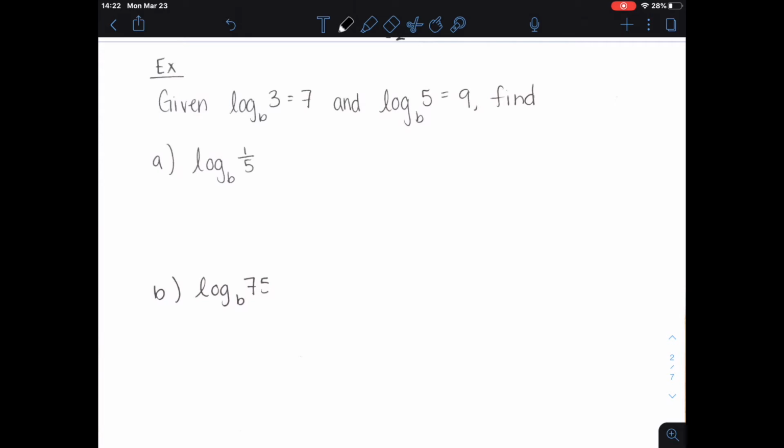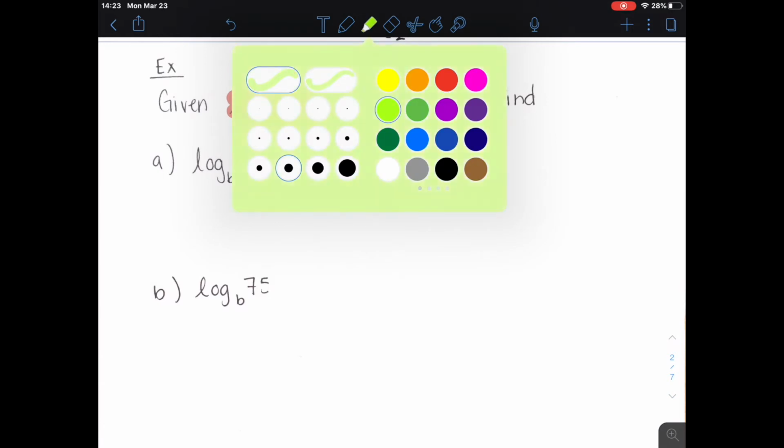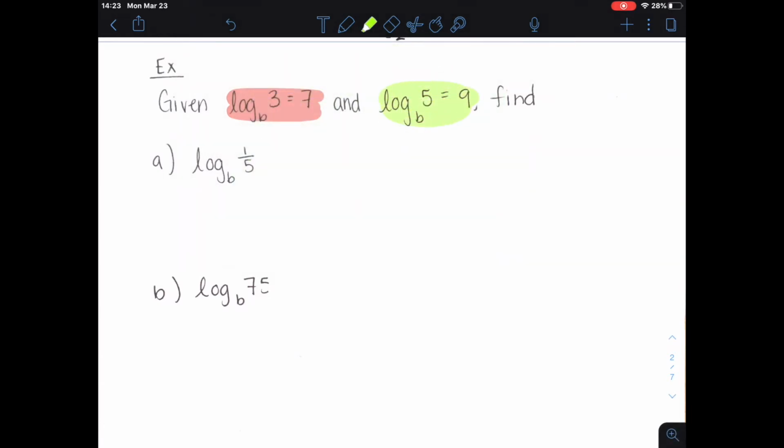So we want to first evaluate log base b of 1 over 5. So what we need to do is we need to somehow introduce these logarithms in there if possible. It might not be possible. But we have division. One nice thing we can do is break that apart as subtraction. So this is log base b of 1 minus log base b of 5.